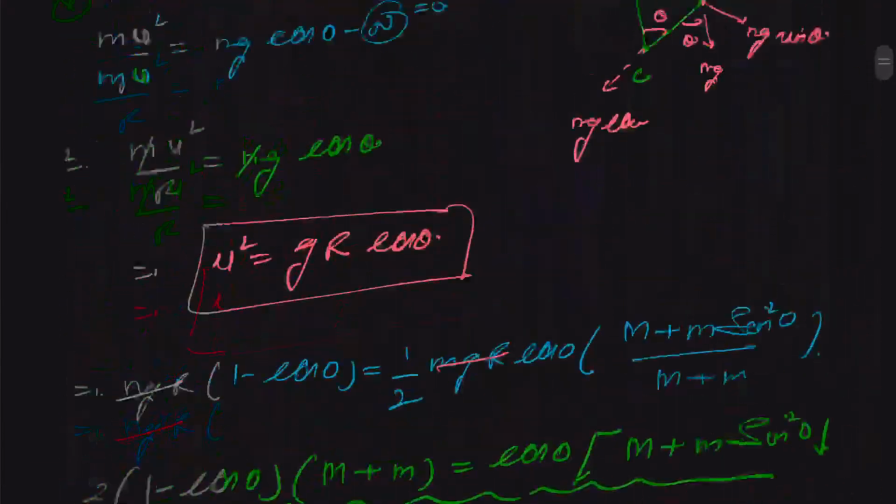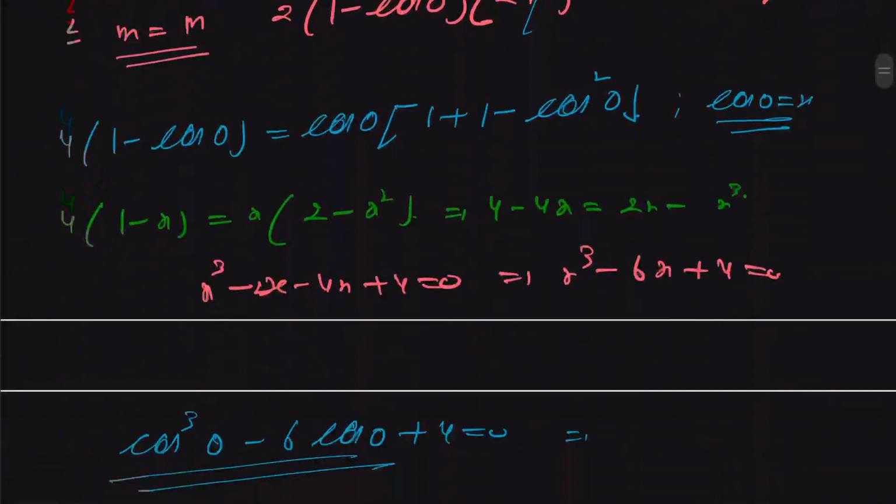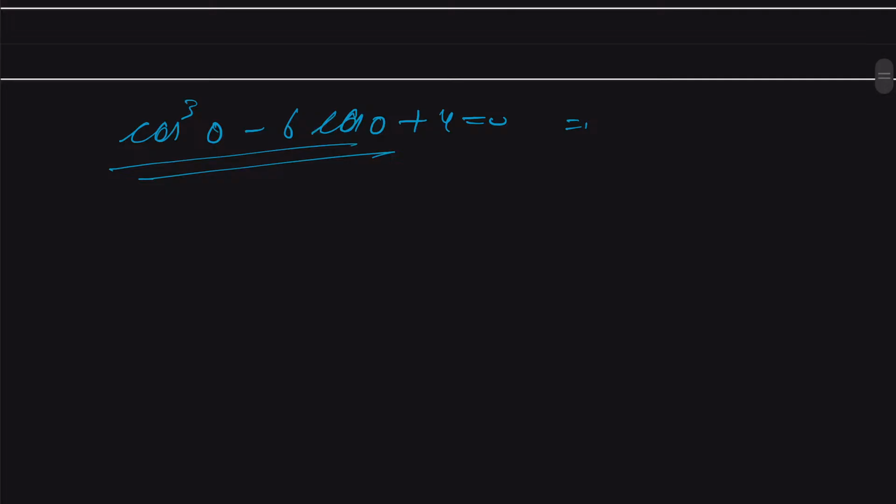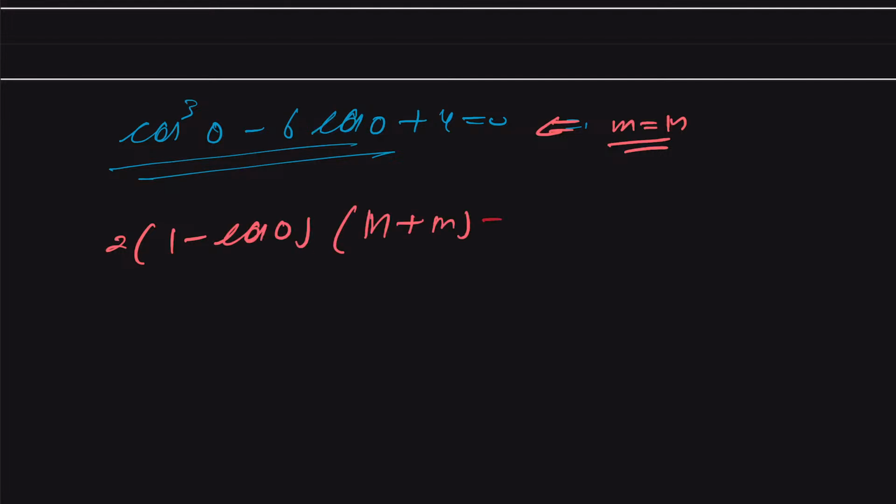So we got two equations. This equation is when small m is equal to capital M, and the second equation which we get, that 2(1 minus cos of theta)(M plus small m) is equal to cos of theta (M plus small m sin square theta), is when small m is not equal to capital M. So these were the two cases as per the question.